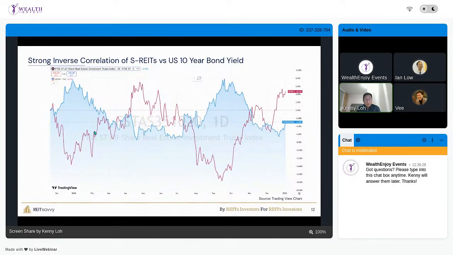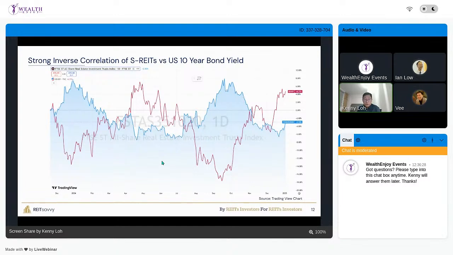Whenever there is a spike, a rally in the 10-year risk-free rate, there will be a correction of the FTSE ST REIT index. Same thing here: when the 10-year risk-free rate comes down, the FTSE REIT index goes up, right? So on and so forth.